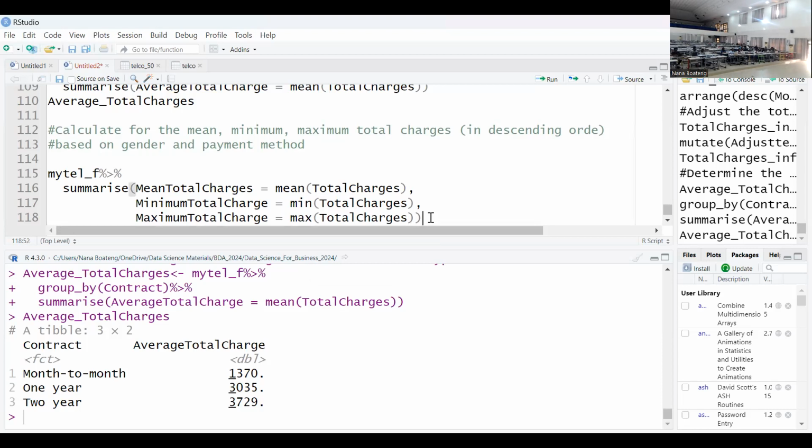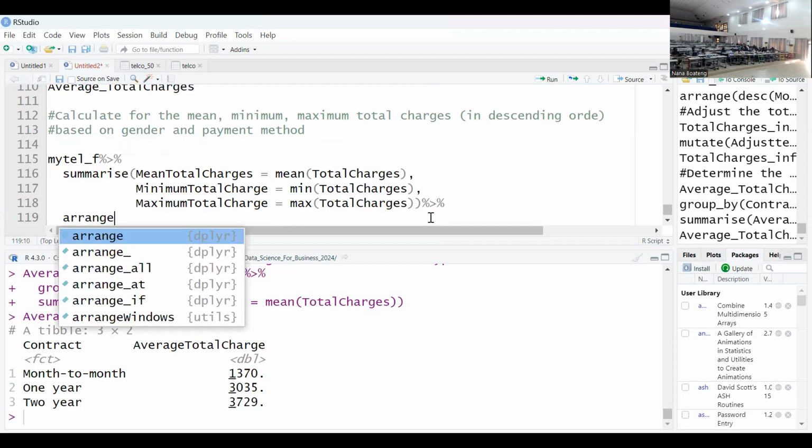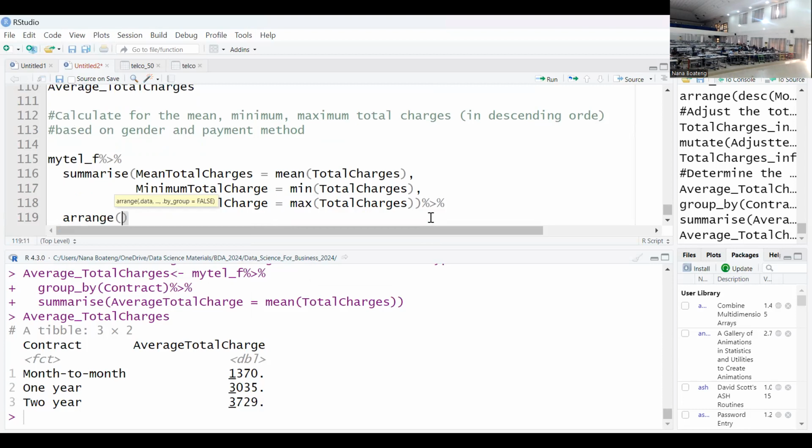All right. And then we want to arrange it in descending order. So we pipe that also into the arrange verb. Remember that it is descending order, so we need to specify. If we use the default, it will give us ascending. So descending, into brackets.